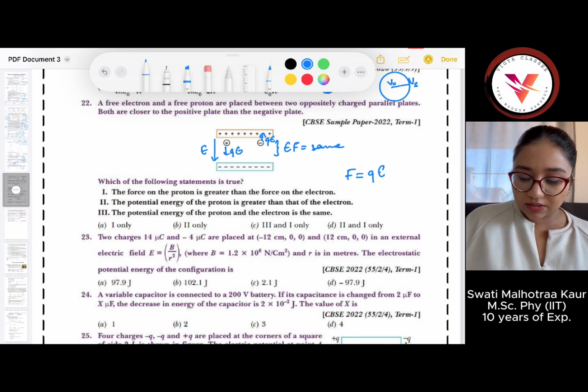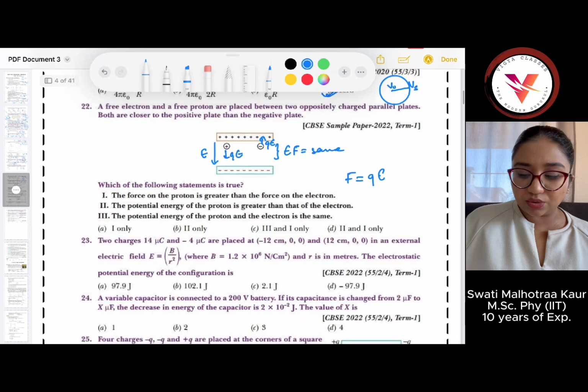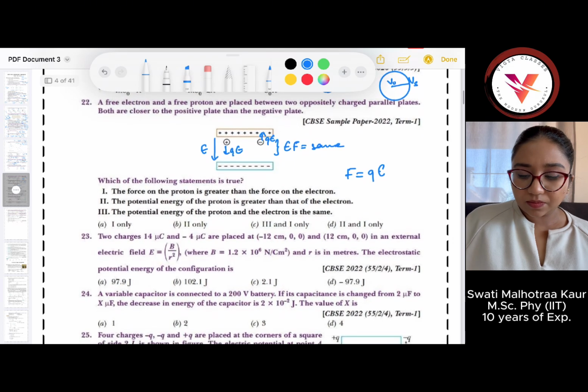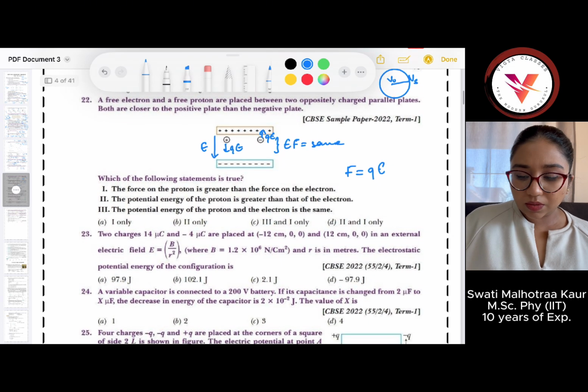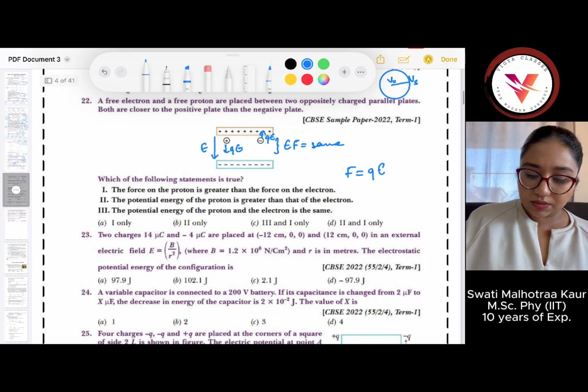Okay, so let's consider one. Then the potential energy of the proton is greater than that of the electron. Also, the potential energy magnitude-wise is the same because it's QV.